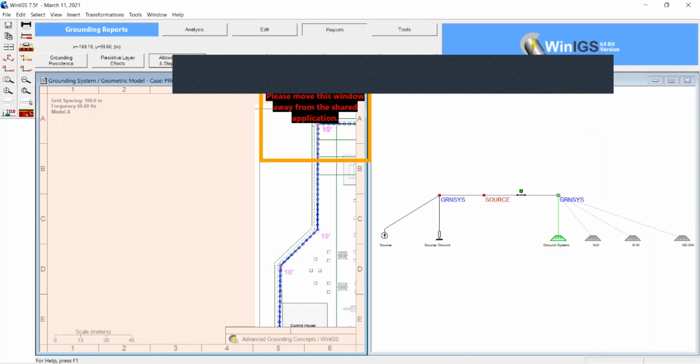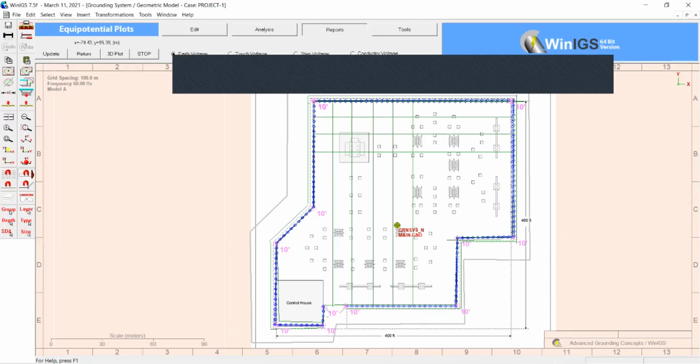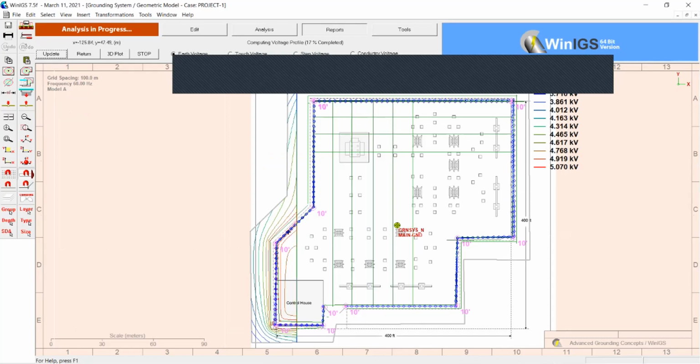And now we'll look at the equipotential and shape assessment, this one. When you click on that, you will have a new button. You click on update. See, you will have this equipotential line surrounding your grounding.